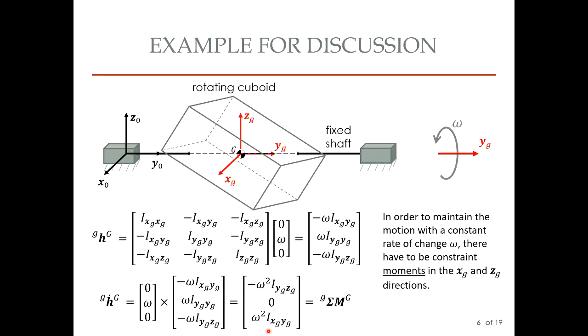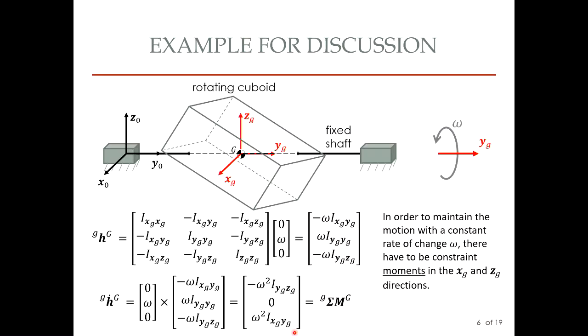And here, with XY, because the mass distribution is not balanced about the Z direction in this XY plane, there will be a moment about Z that has to be applied. Now, who applies this moment on the cuboid? The shaft, right? If the shaft applies this moment, then the opposite moment, same magnitude but opposite sign, would have to be applied on the shaft by the cuboid.